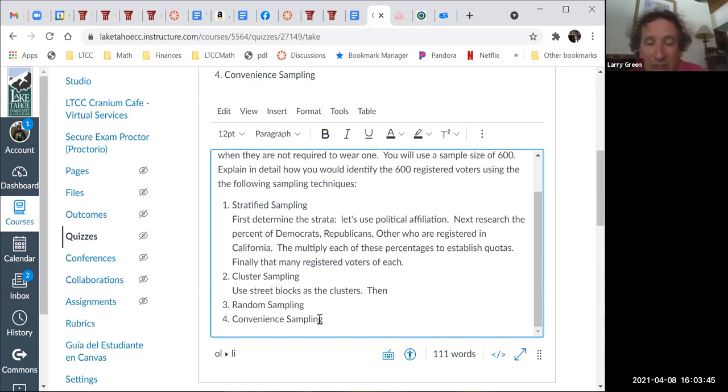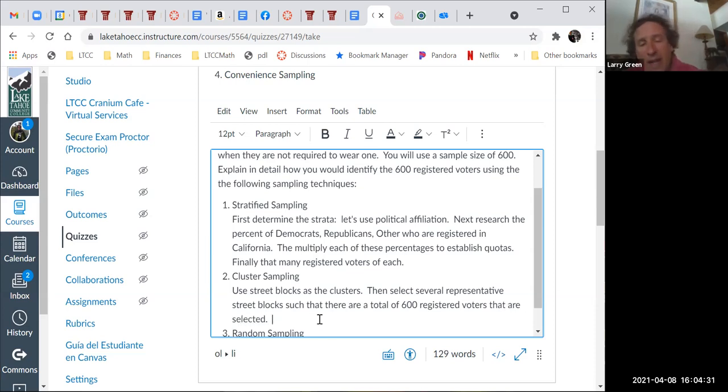So you're doing cluster sampling. Once you've decided what all the different clusters are, then you select certain clusters within that set to survey. Then select several representative street blocks such that there are a total of 600 residents or registered voters that are selected.